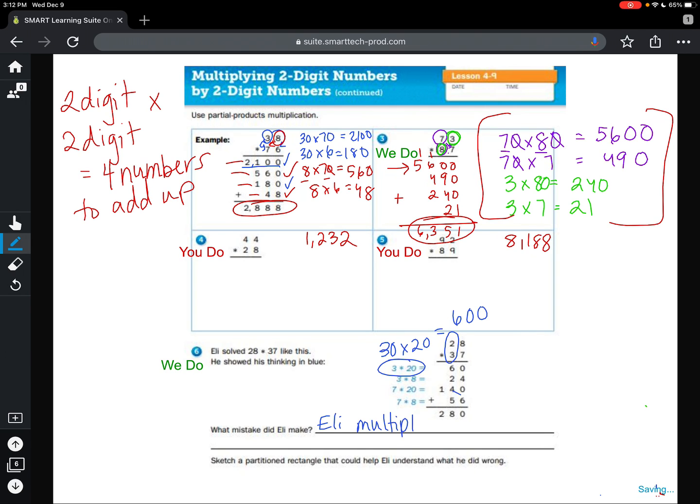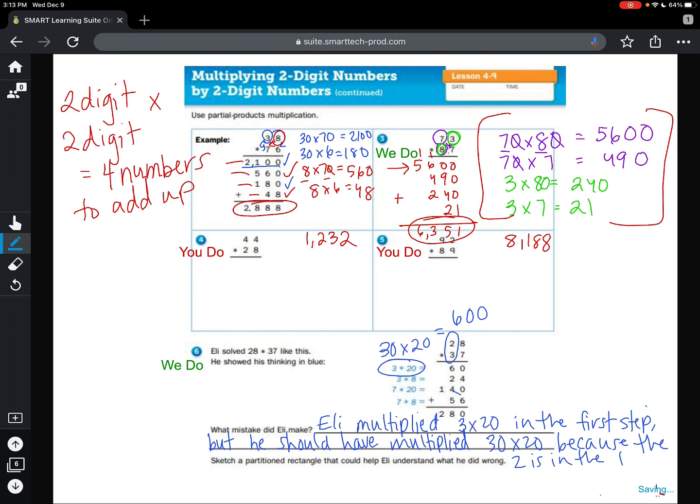Eli multiplied 3 times 20 in the first step, but he should have multiplied 30 times 20 because the 2 is in the tens place.